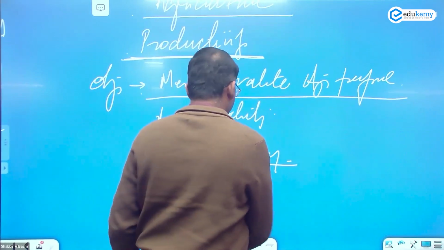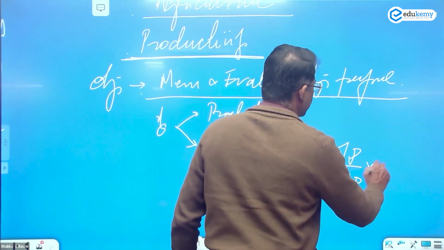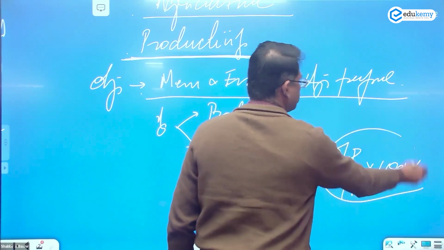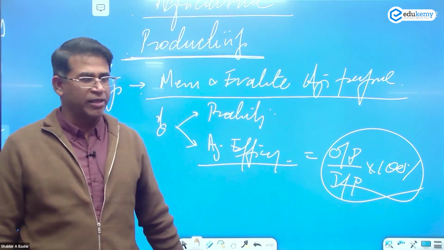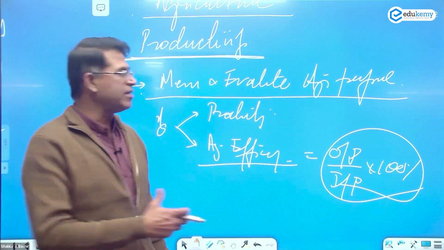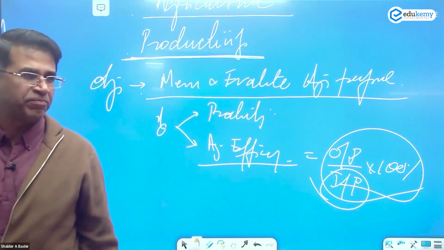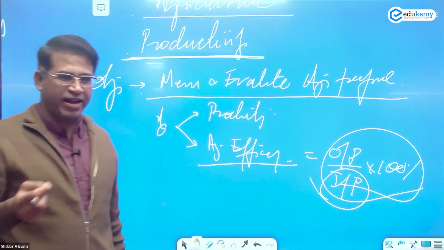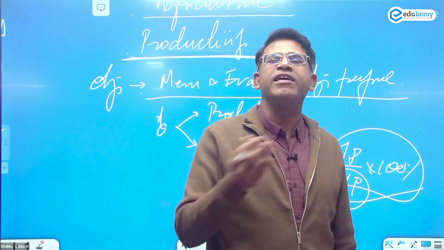Efficiency क्या होता है? It is output per input measured in terms of percentage. And this is a very common measure of any performance. But the problem in agriculture is input में बहुत कुछ है which you can't quantify. How do you quantify labor which is family? इसको आप salary दे नहीं रहे हो.